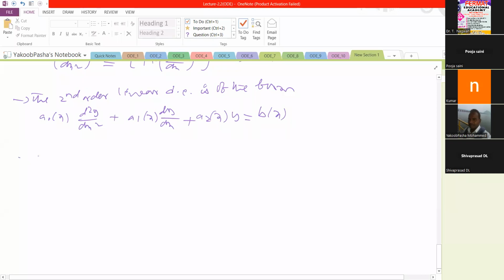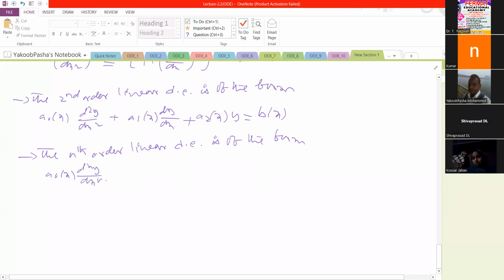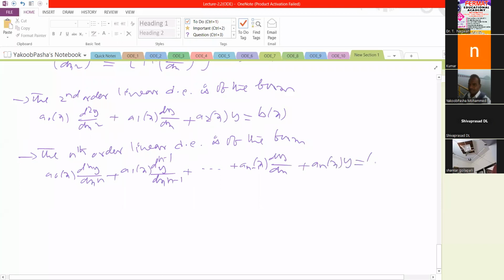Now, the nth order linear differential equation is of the form a0 of x into d power n y by dx power n plus a1 of x into d power n minus 1 y by dx power n minus 1 plus and so on, an minus 1 of x into dy by dx plus an of x into y is equal to b of x.